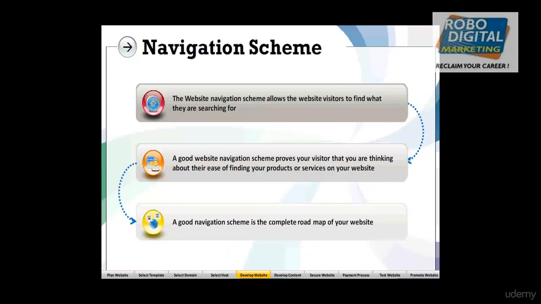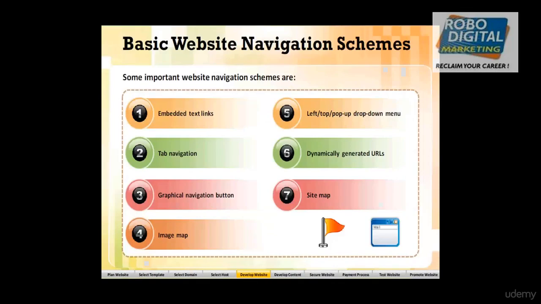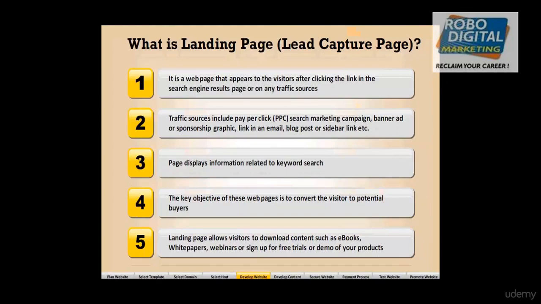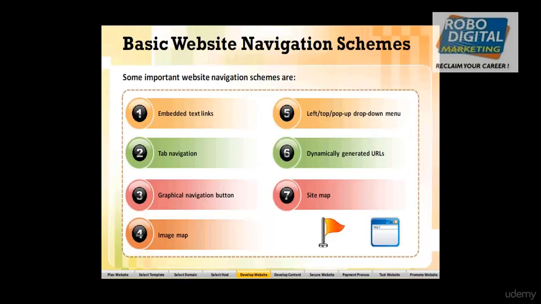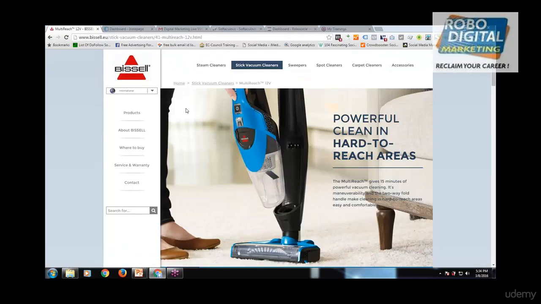Next is navigation scheme, which is very, very important from the point of view of the user. Because if in our whole website the navigation is not good, then the user is not able to navigate or move into the different parts of our website. Like I give you an example, if I talk about your website now, it has a good navigation system.